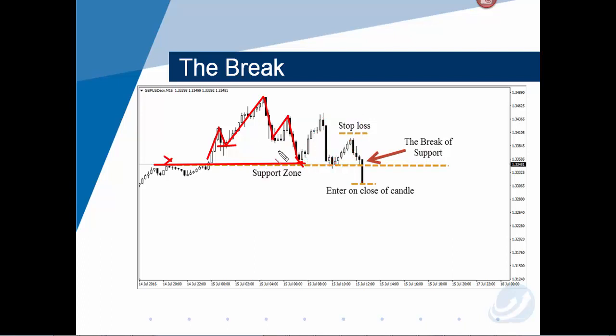Now, in this scenario, there is actually a way to get into your trade before here. I'm going to give you guys a minute to look at this.